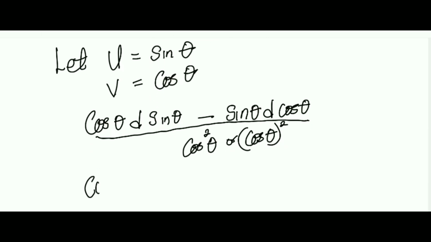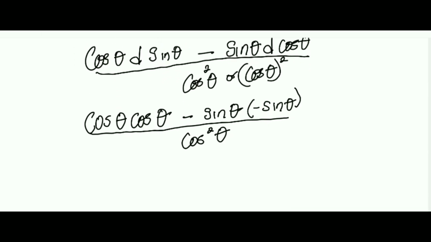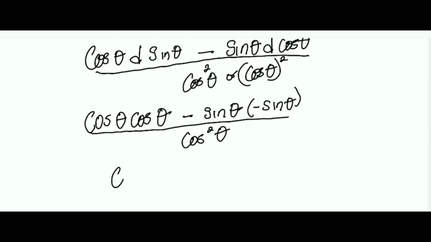So here I have cos theta times the derivative of sine theta, you get cos theta, minus sine theta times the derivative of cos theta, which is minus sine theta. All of these divided by cos squared theta. So here cos theta times cos theta is cos squared theta.